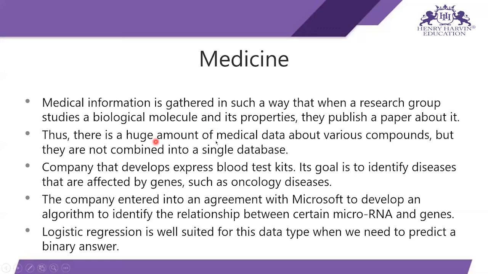Thus there is a huge amount of medical data about various compounds, but it is not combined into a single database. Many people are in research and they publish more and more papers day by day. So we have a huge amount of medical data about various compounds, and it is all not combined into a single database.